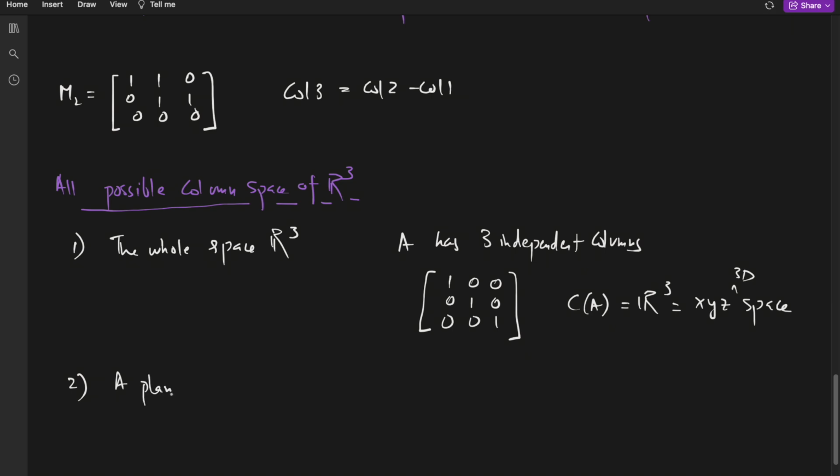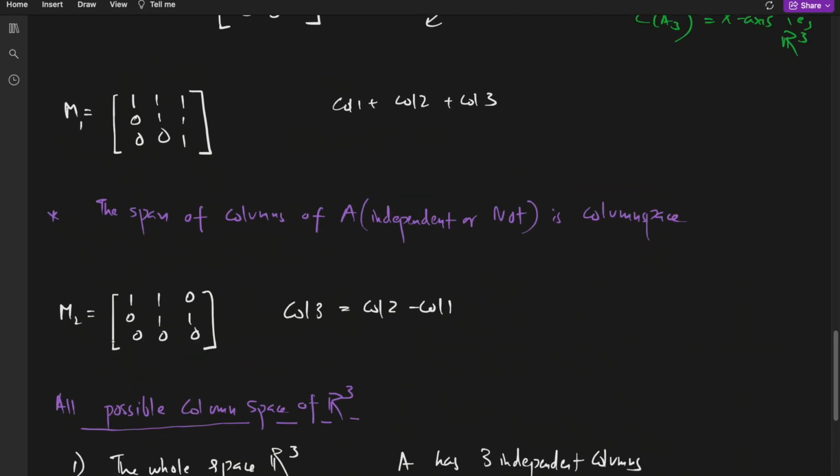The second possibility for column space of R cube is a plane in R cube, but it should pass through the origin, that is the zero vector, right? Passing through the zero vector, that is the origin. And we have seen its example also, this M2.